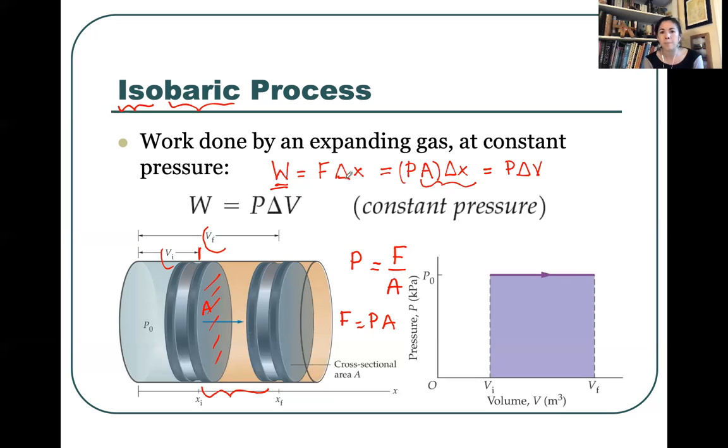So in this case, the gas is doing work, and that means that we would have to subtract that amount of work from the internal energy that we had initially to find the final value. Okay. So now this could be combined with different things. We could be adding heat so that the gas is expanding, for example. But this is a particular process because it is happening at constant pressure.